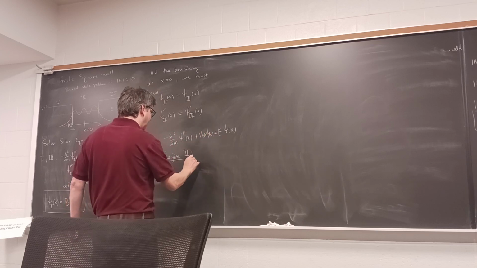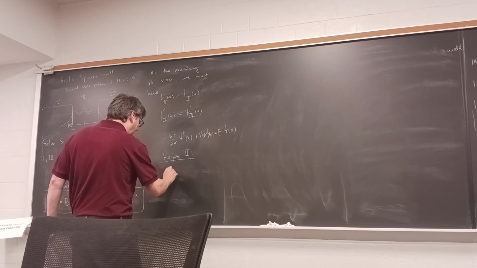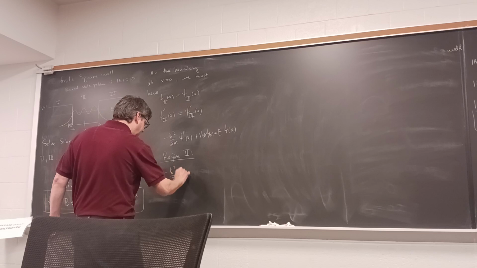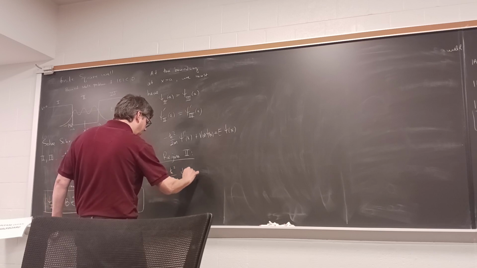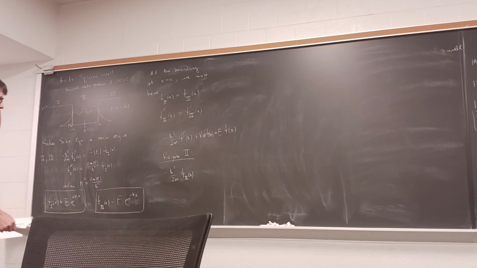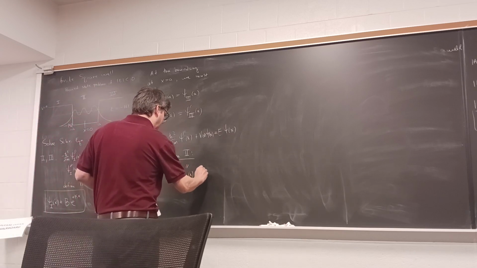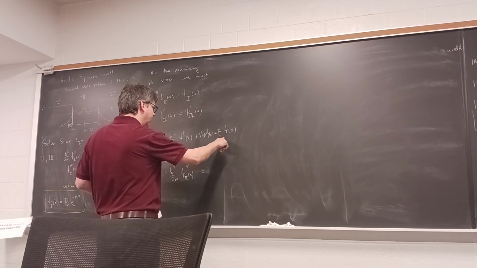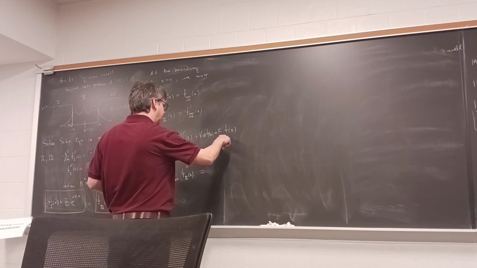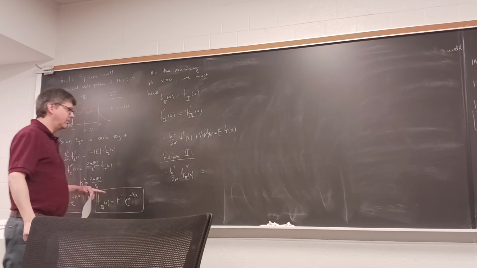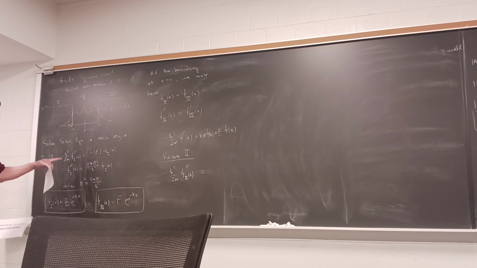So in region 2, we have h bar squared over 2m psi 2 of x double prime is equal to, now I'm going to move my V to the other side, but remember that V is actually negative, so I'll write it in terms of the magnitude.